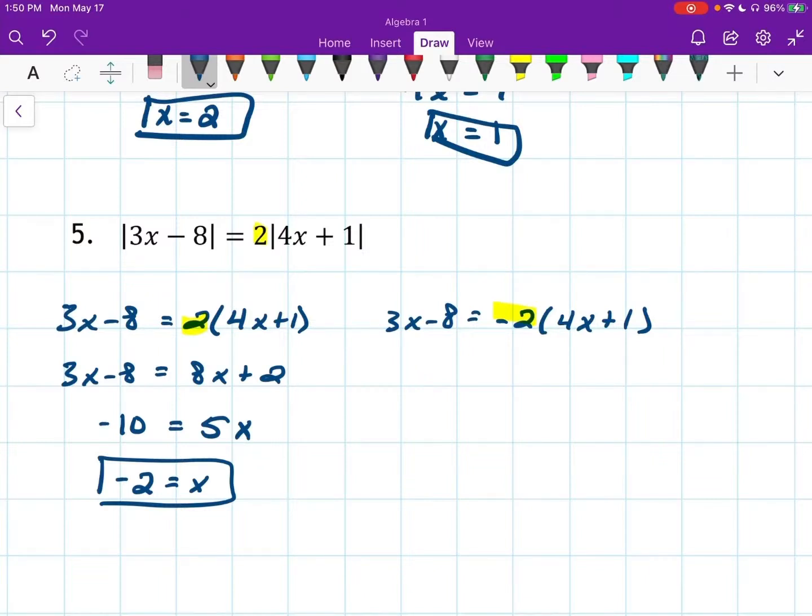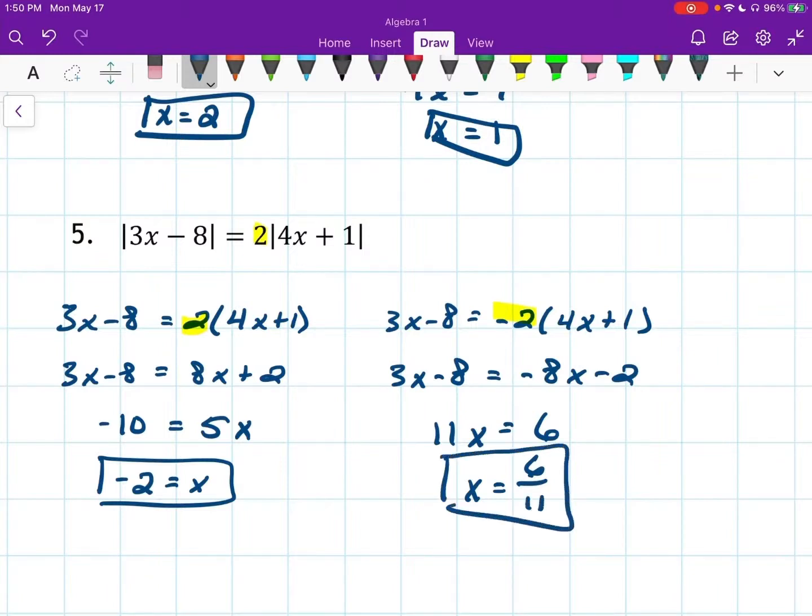On the right side, whenever I distribute my negative 2, I'll have 3x minus 8 is negative 8x minus 2. I'll pull my x's to the left, so I'll have, what is that, 11x equals, is that 11? 8, 9, 10, 11, yes it is. And then 8, 7, 6, 6 on the right. So then I get x is 6 over 11.